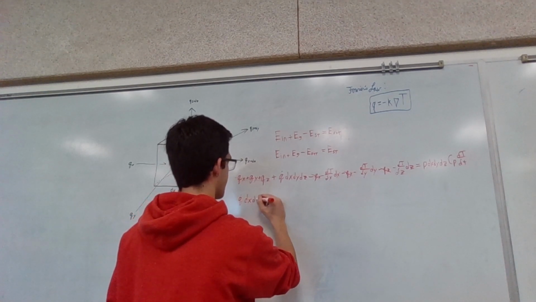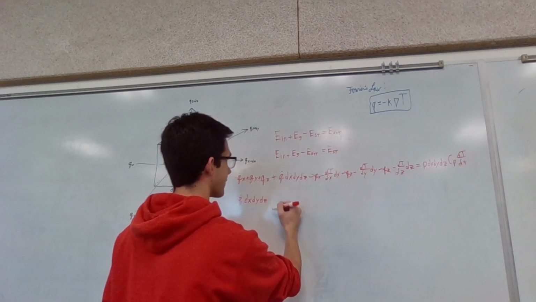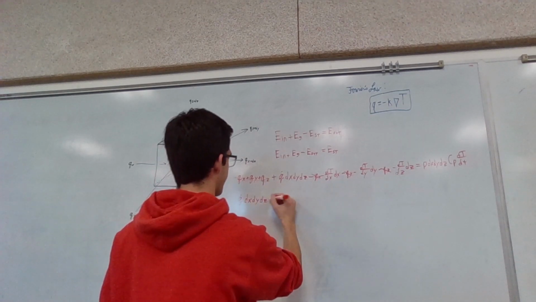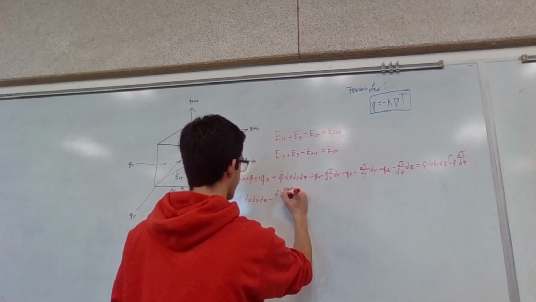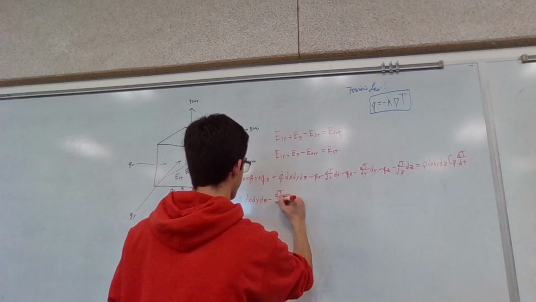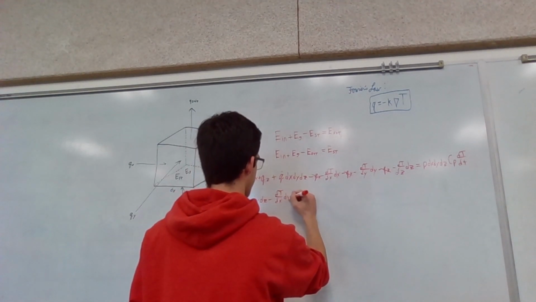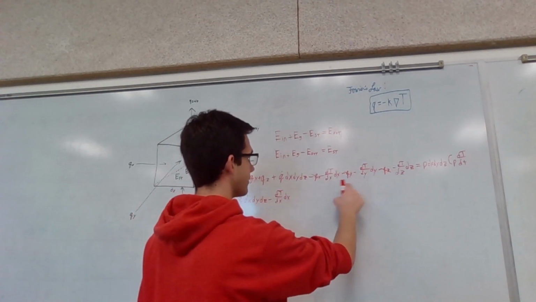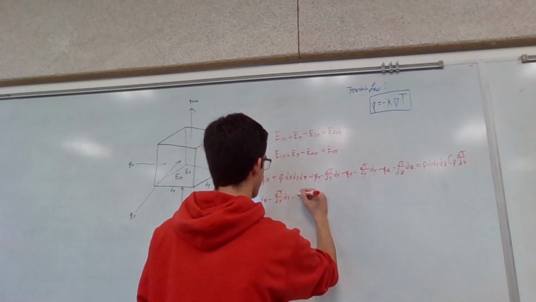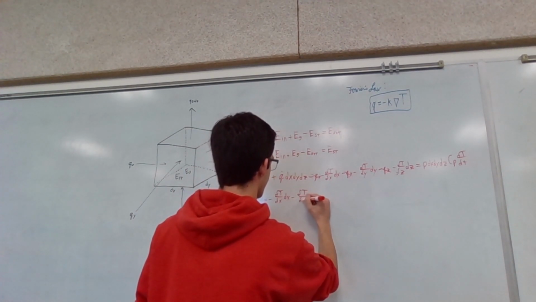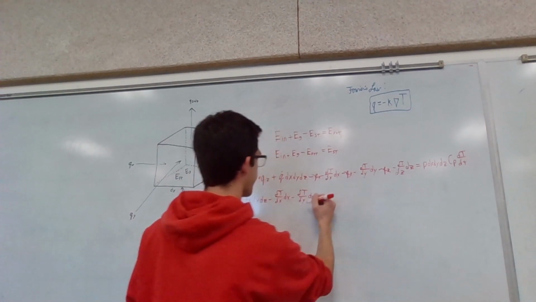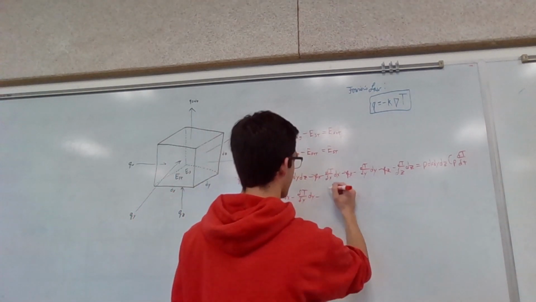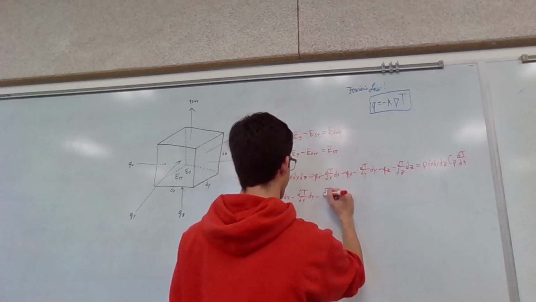Energy generation term. And this cancels out, so minus our partial temperature with respect to x, dx. All right, minus our partial t with respect to y, dy. And of course, our partial in z.